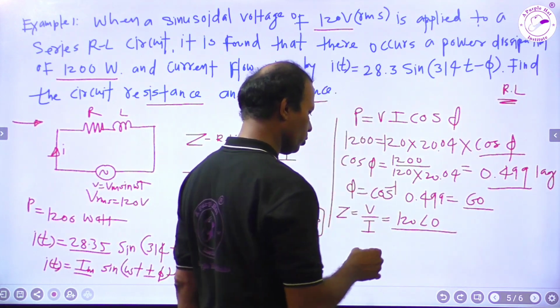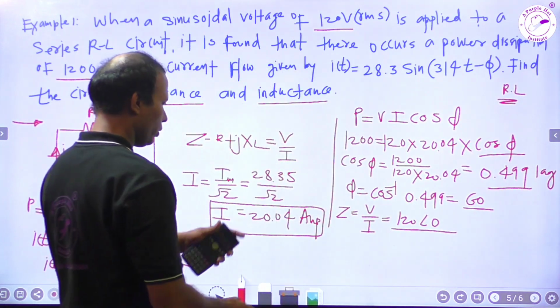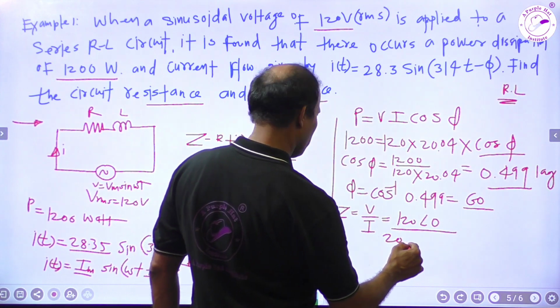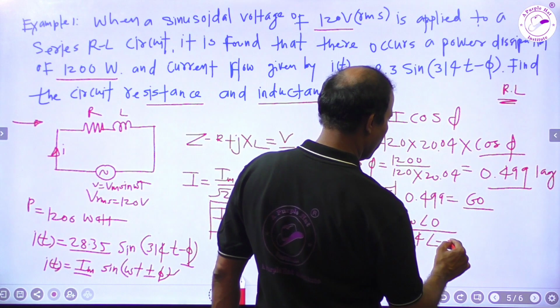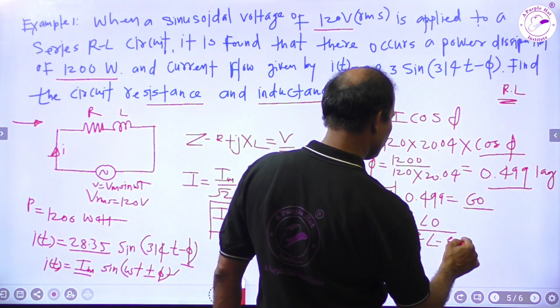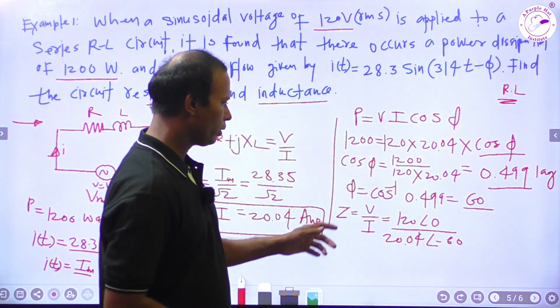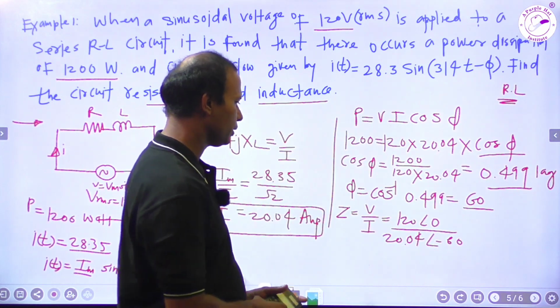I am assuming the voltage angle is 0. The current we have just calculated is 20.04 angle minus 60. Current lags behind the voltage for an inductor, so this is minus 60.